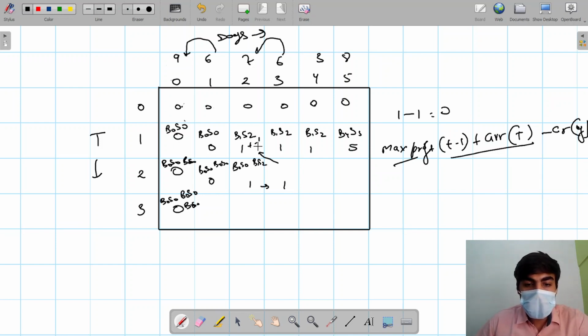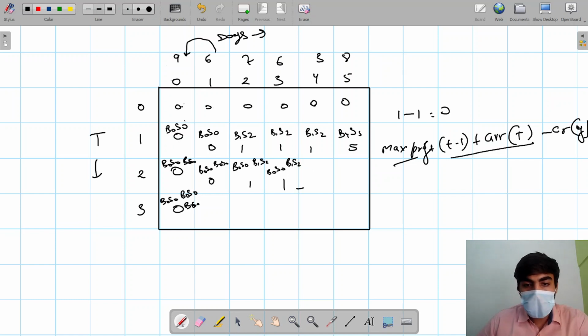So 1 plus minus 1 gets 0. 6 minus 6 gets 0. 0 plus 0, 0. 6 minus 9 gets minus 3. 0 plus minus 3, which is minus 3. So out of these, which one is greater? 1 is greater. So we are taking 1 as it is and neglecting all the others. So 1 is as it is, buy at 0, sell at 0, buy at 1, sell at 2.